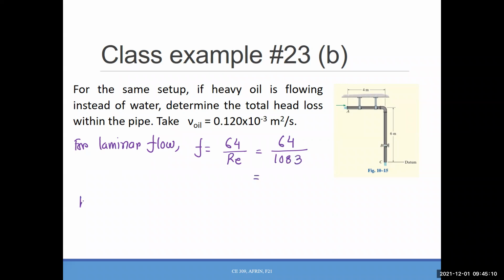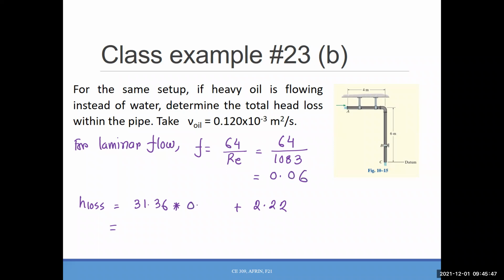What number did you get? So for friction factor, what number did you get? 0.06.